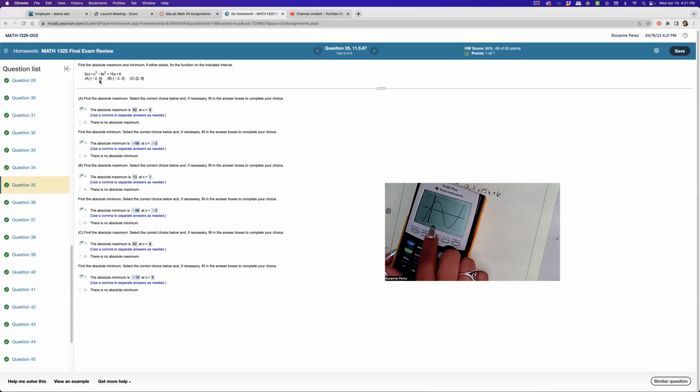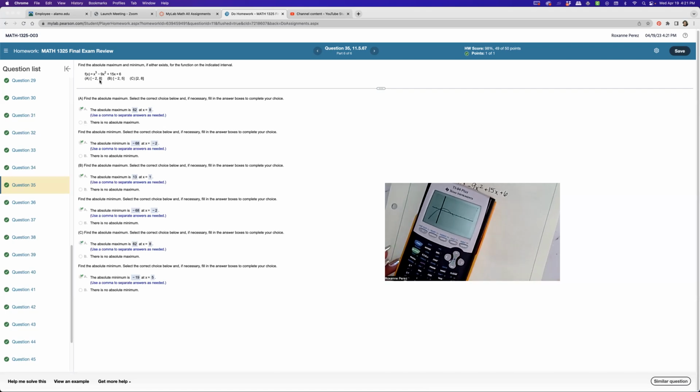Now our y minimum we still need to change because I can't see the rest of the graph down here. So window, let's make this -50. We need more. Oh, we're gonna need a lot more. Okay, let's do -75, 75. We just want to see everything. Okay, that looks good so far.